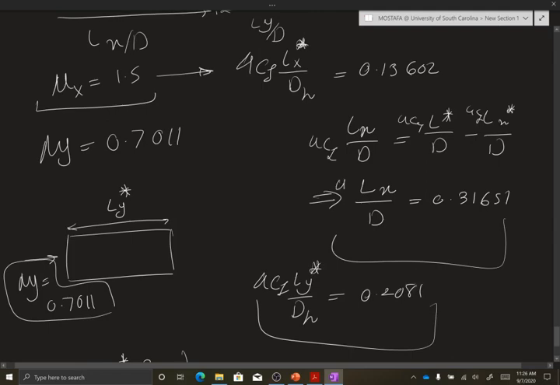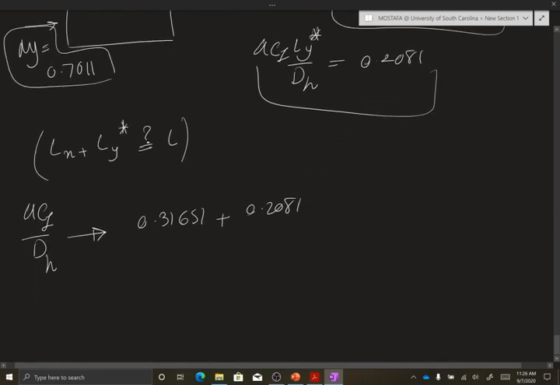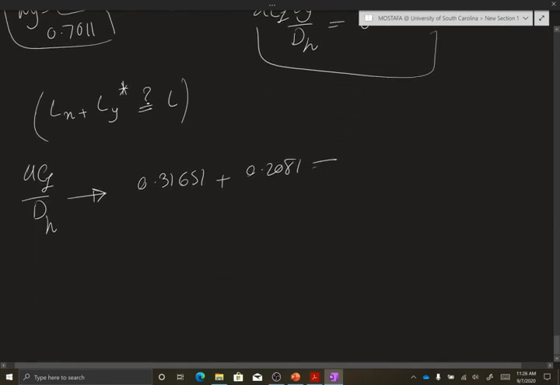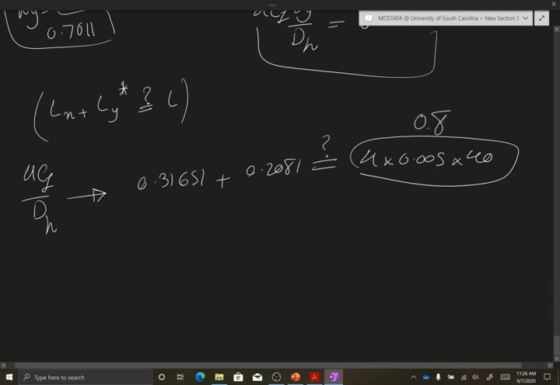I forgot to mention that this is for CF. For the duct, 4CF multiplied by L over D is 4 multiplied by 0.005 multiplied by the ratio, which was 40. This will give you 0.8, sorry.